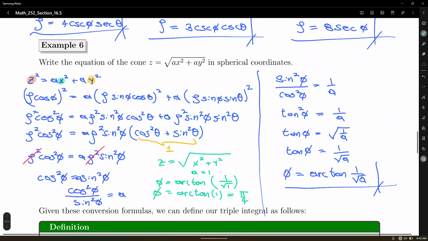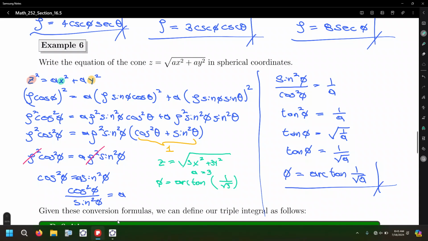Anyway, what about another cone? Let's see. Okay, let me put a 3 here. So a will be 3. And I'm going to replace this with 1 over the square root of 3. And let's see how that is going to look.